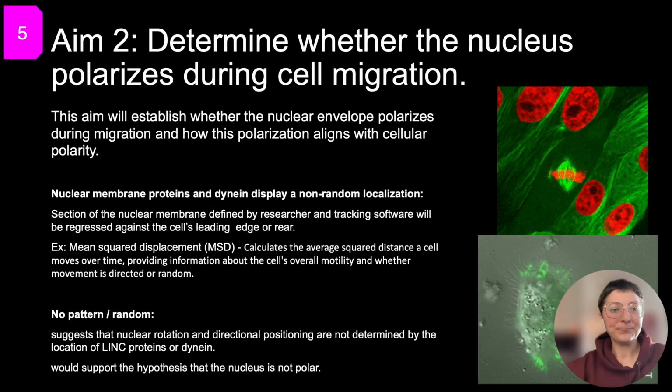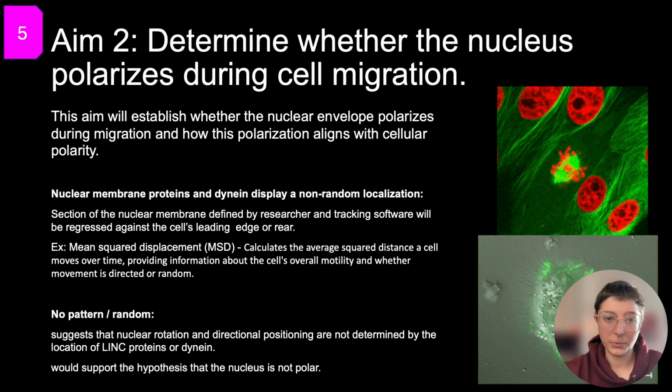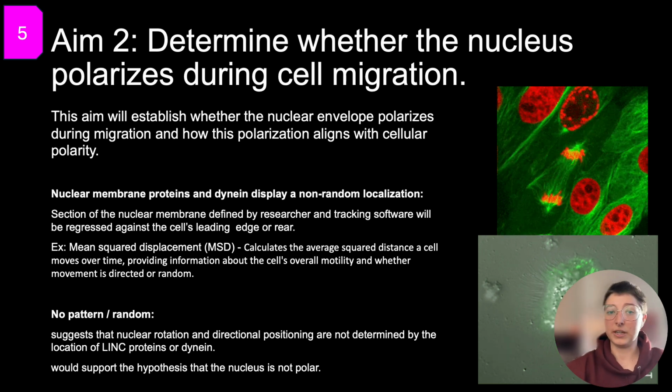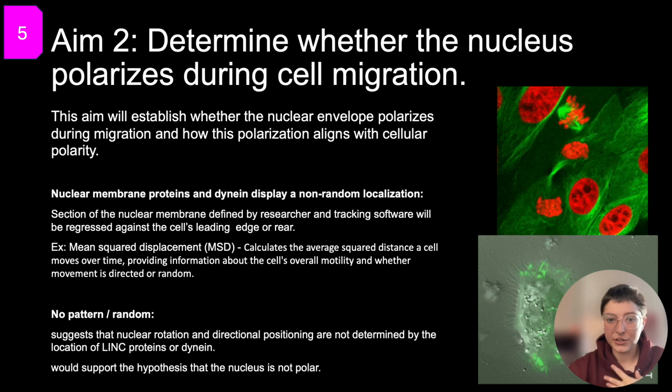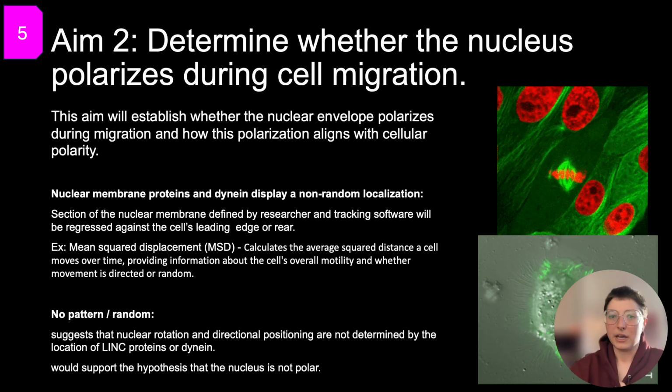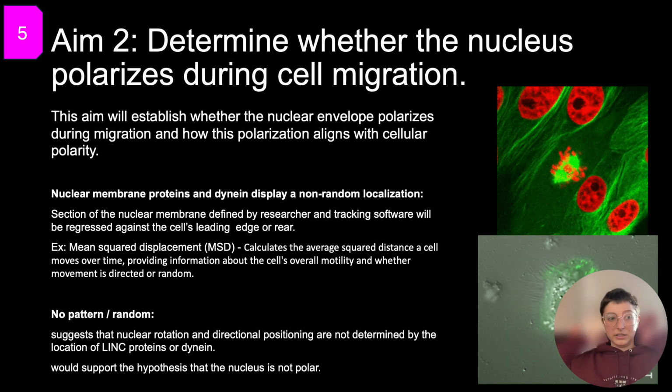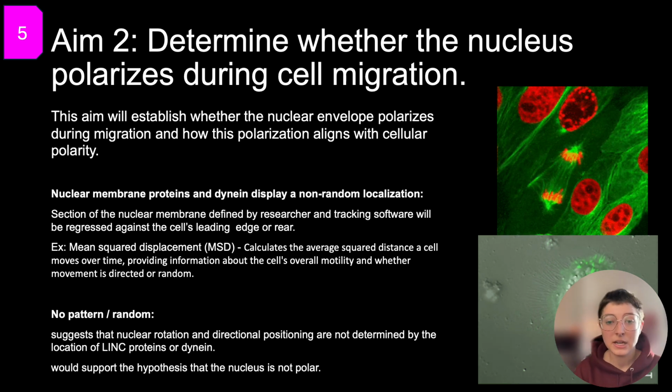My aim two is to determine whether the nucleus polarizes during cell migration. Like I mentioned earlier, we know that cells are polarized, and this is really important for function.